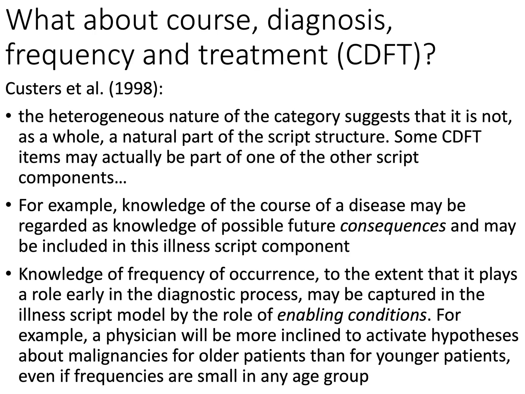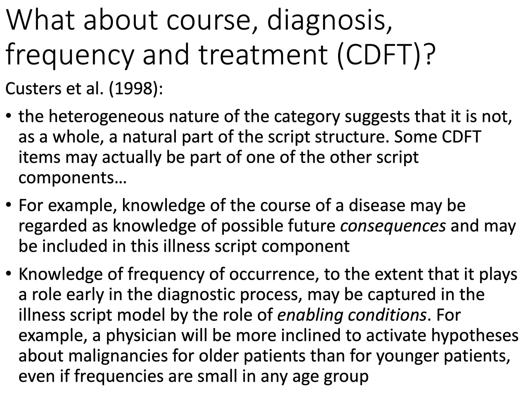What about the course, diagnosis, frequency, and treatment? Custers writes, the heterogeneous nature of the category suggests that it is not, as a whole, a natural part of the script structure. Some items may actually be part of one of the other script components. For example, knowledge of the course of a disease may be regarded as knowledge of possible future consequences and may be included in the illness script component.